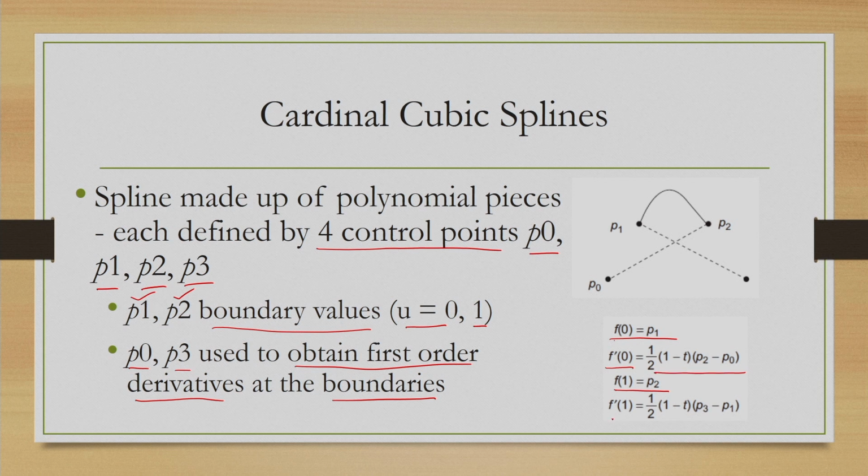Similarly, the first order derivative at u equal to 1 can be obtained using these equations, where we have used the 2 control points in this fashion and also used one additional parameter T in both the cases.